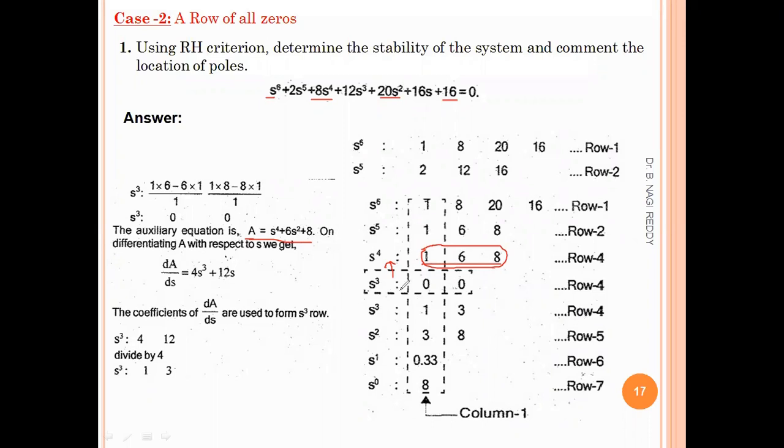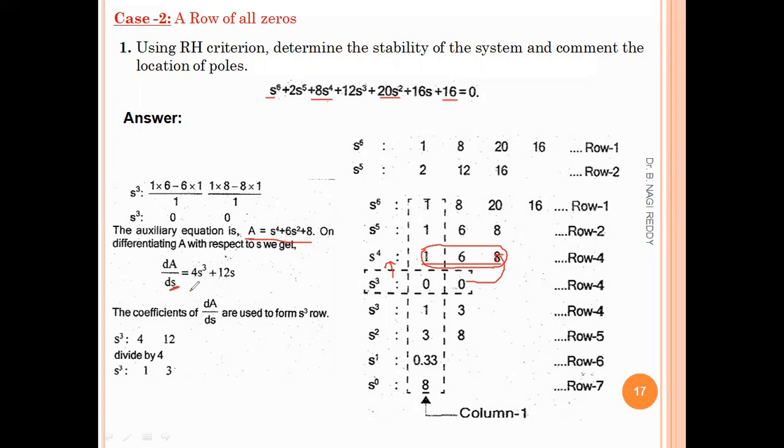So when we get this row of all zeros condition, we need to take the above row, and using this above row we have to write the auxiliary equation. After getting the auxiliary equation, we need to differentiate it with respect to s.